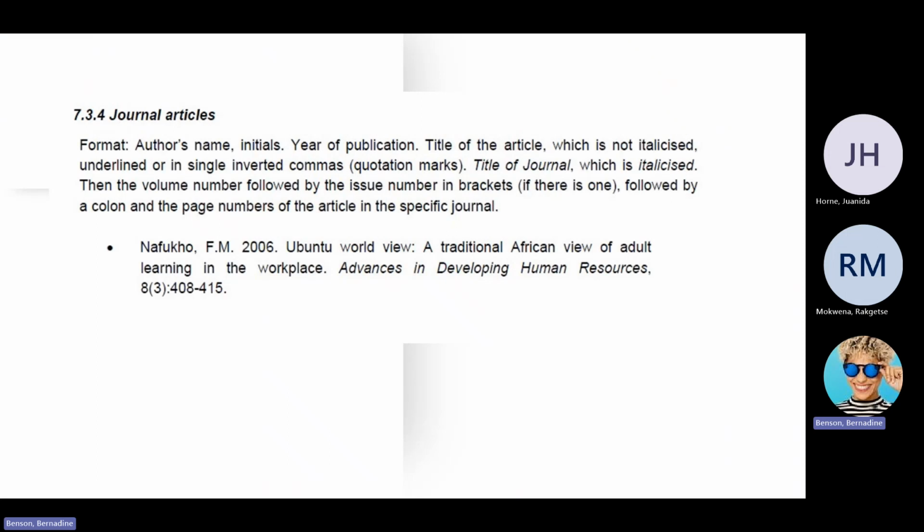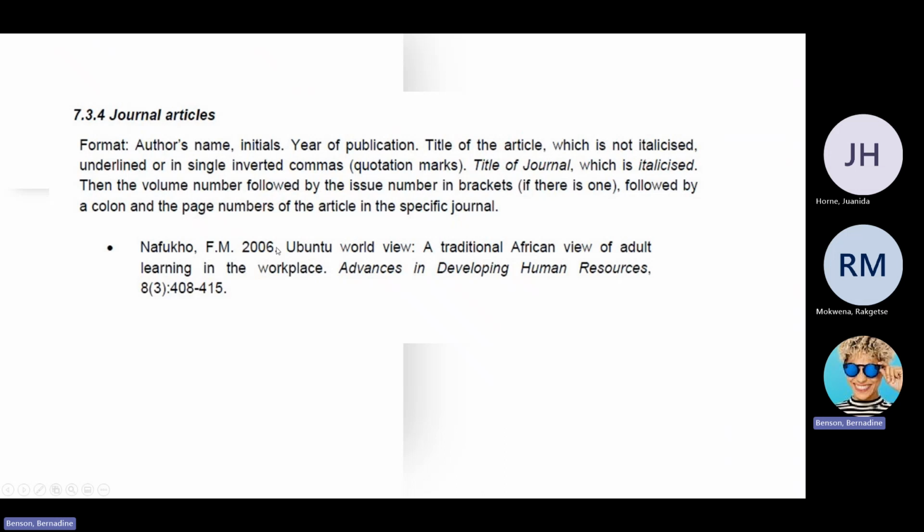Again, exactly the same: author's name, initials, year of publication, and then the title of the article. Now, this is where things are a little bit different, because remember, it is the journal that is published, not the individual article. So the title of the article is not italicized, underlined, or put in inverted commas at all.